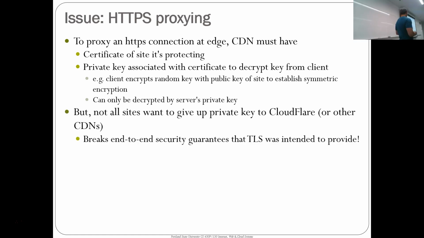But most sites don't want to give their private key to Cloudflare, right? This is you as an organization. These are your crown jewels. And so this breaks the end-to-end security guarantees of TLS. So yeah, choose your poison. Do you want the protection, or do you want to trust Cloudflare with all of your secrets? Your main secret is basically what you're providing. And so you have this trade-off of resilience against DDoS and application security.